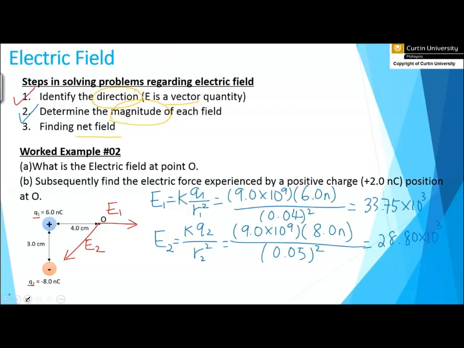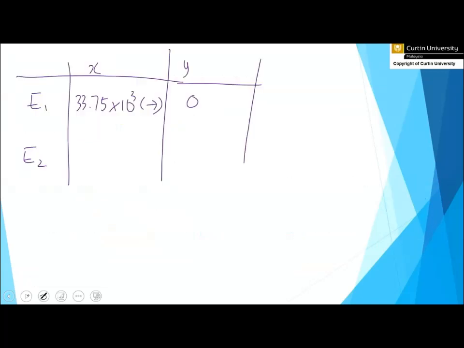And now for E2, again, this is a right angle triangle. So taking this one as our theta, so resolving to x and y component. This is the x component, which is a cos. So it equals E2 cos theta.